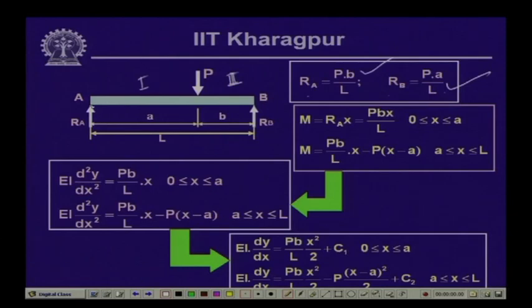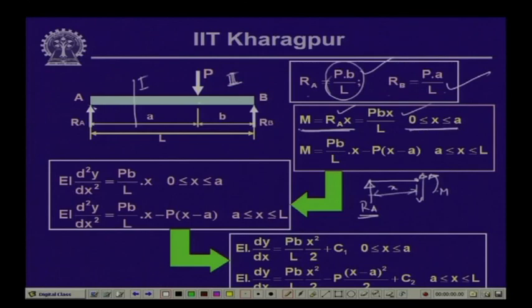For segment 1 from 0 to A, if we take a cut and draw the free body of the left support, the free body will have the reactive force R A over here, and on this cut you have the balancing shear force V and the bending moment M. If we take the moment of all the forces with respect to this point, which is at a distance of x from the left support, M is equal to R A times x, and R A being P B by L, M is equal to P B x by L, and this is valid between 0 to A.